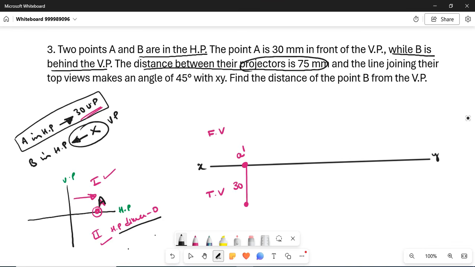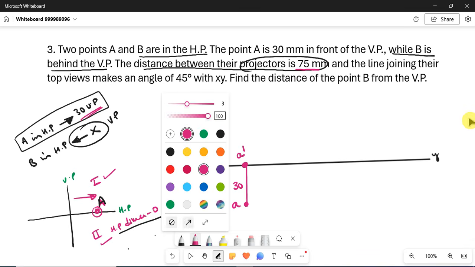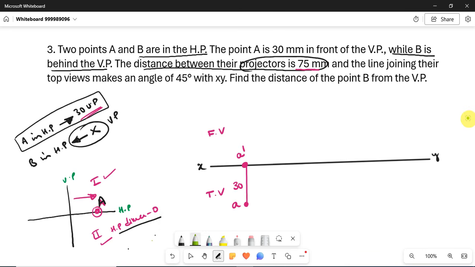So we already got the A point projector, that is A dash A. This is the A dash A projector. Now for the point B, we have to start from the A dash A projector to the B dash B projector, and the distance will be 75. Hence you have to mark here on the XY line.